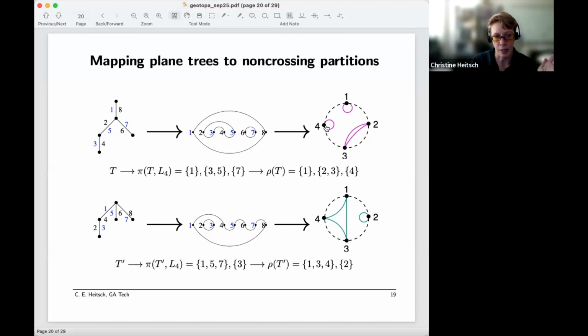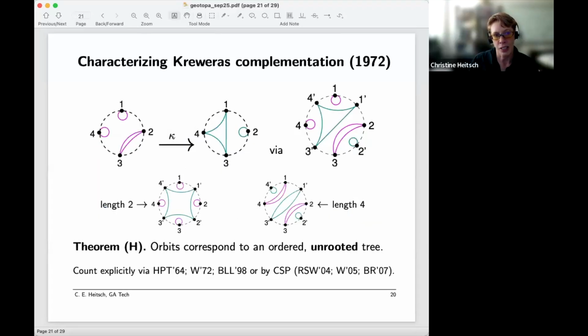And so we have a way of mapping trees to non-crossing partitions, but it actually allows us to characterize an operator on the lattice of non-crossing partitions whose structure had not been understood. This is called the Kreweras complementation operator, and it was challenging for people to count because the standard definition that Kreweras originally developed in 1972 involves an interleaving between two different partitions.